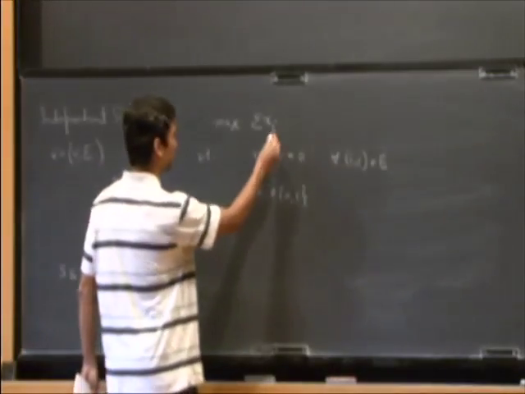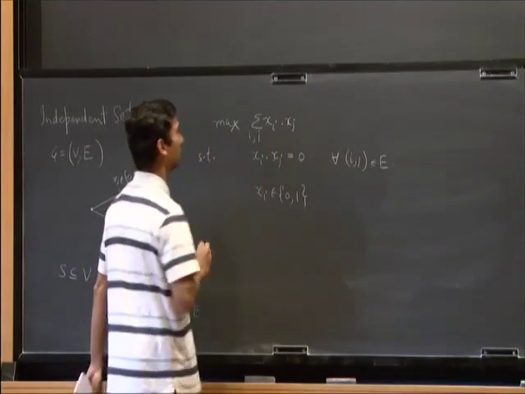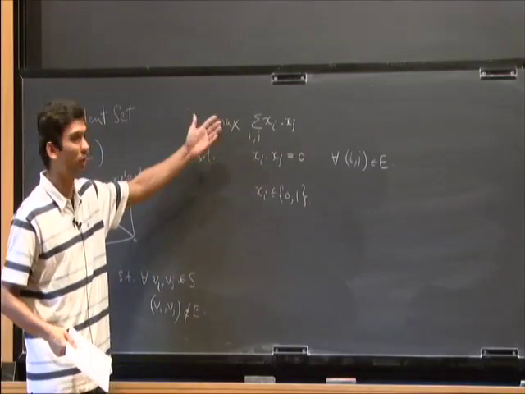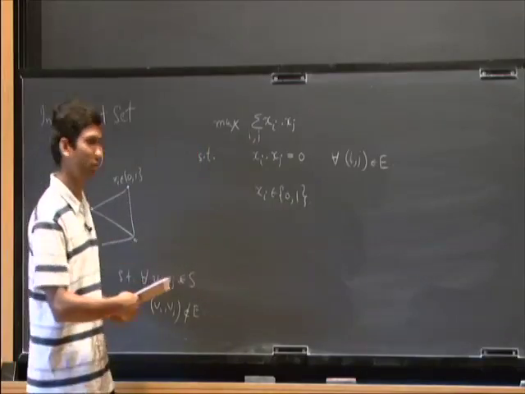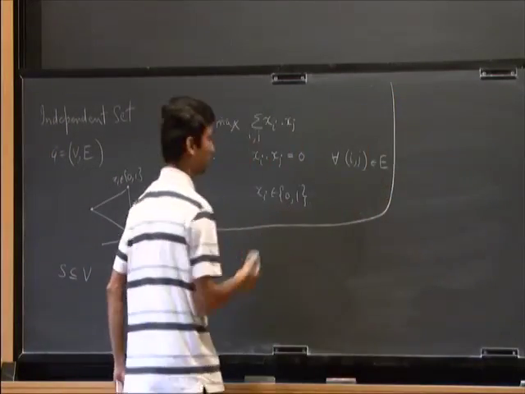To make it quadratic, I can write it like this, and this will find the square of the independent set size instead of the size itself. This is hard to solve.